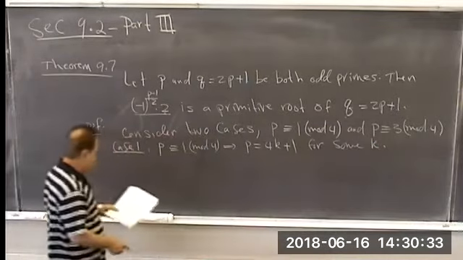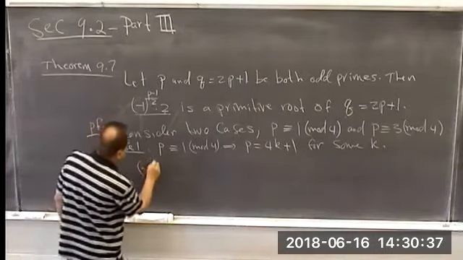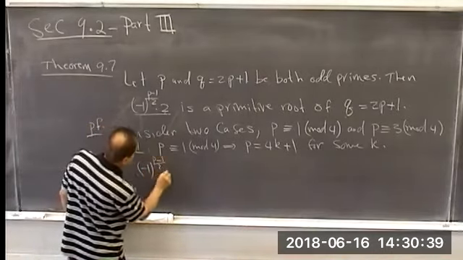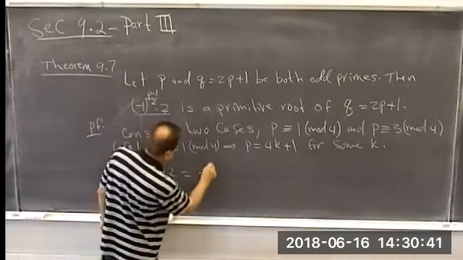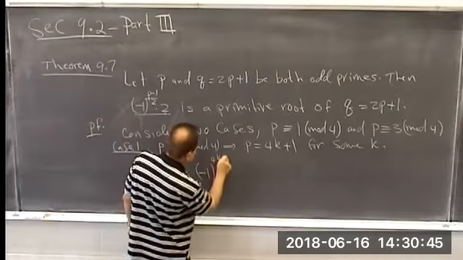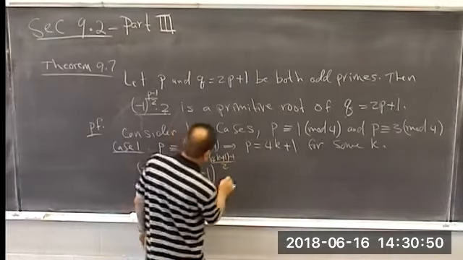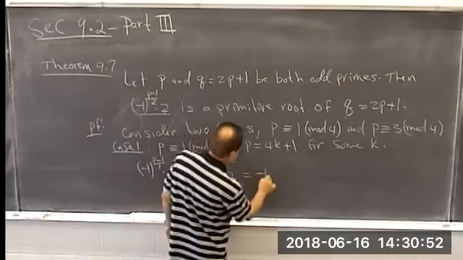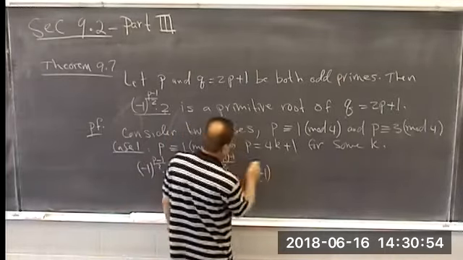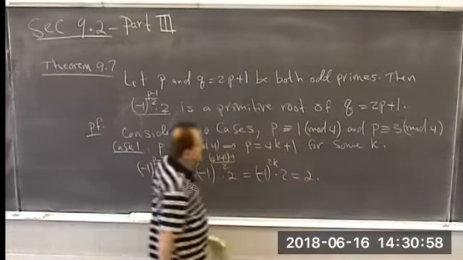In this case, negative 1 to the (p minus 1) over 2, times 2, will be negative 1 to the (4k plus 1 minus 1) over 2, times 2. It's going to be negative 1 to the 2k times 2, which is equal to 2.